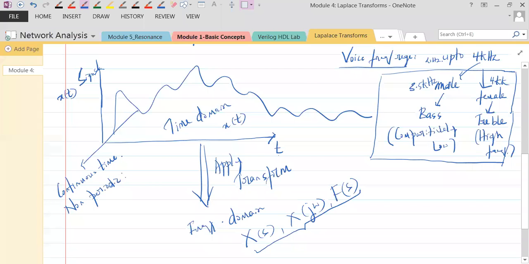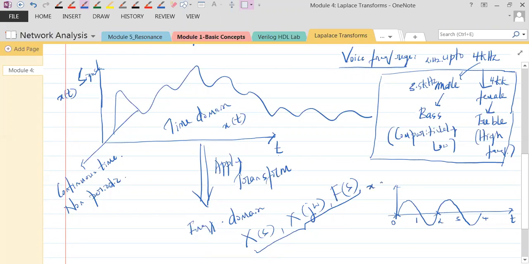What is periodic? Periodic is a signal which keeps repeating itself. For example, if you take a sine wave like this, this is periodic. Why? See here, suppose this is 0, 1, 2, 3, 4, these are all seconds, t in seconds.